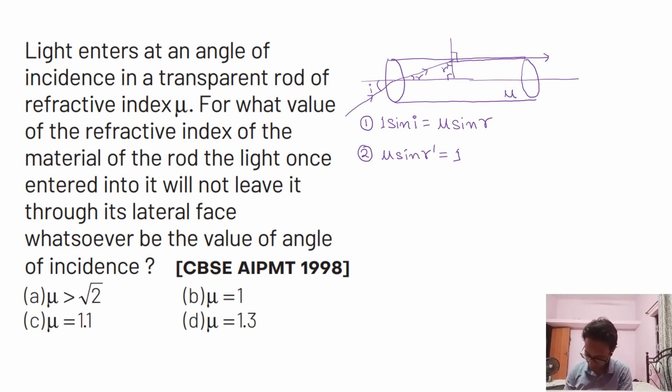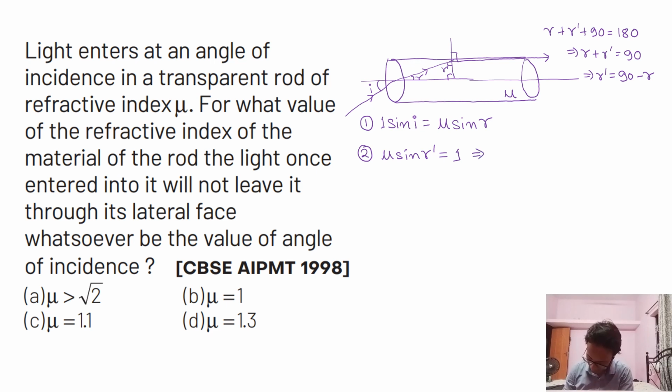Now let's analyze this angle r dash. Can I say r plus r dash plus 90 is equal to 180, angles of a triangle? So r plus r dash is equal to 90, or r dash is equal to 90 minus r.